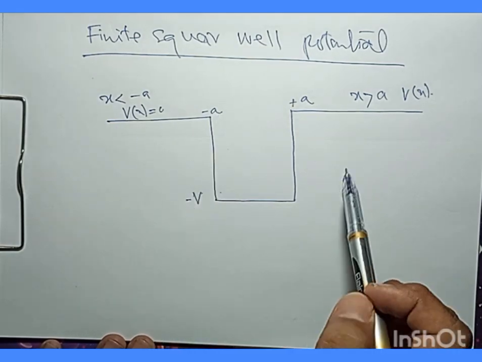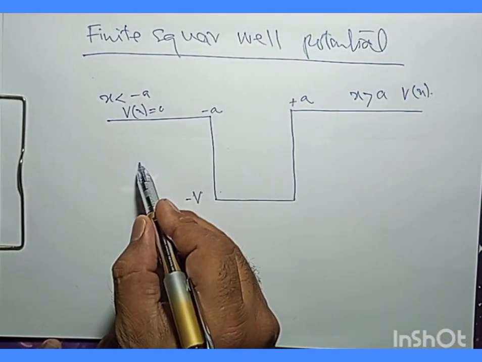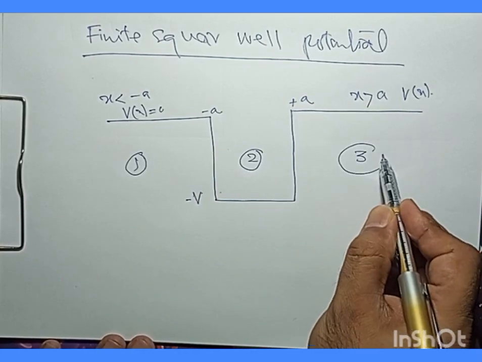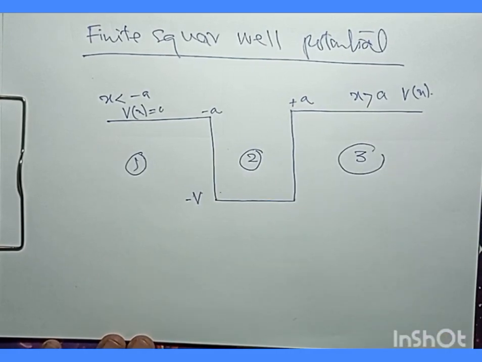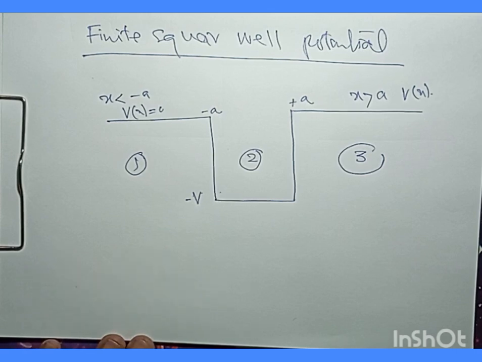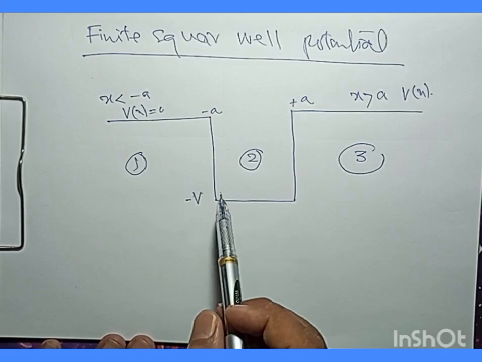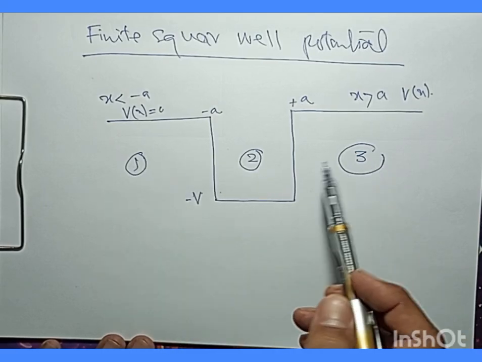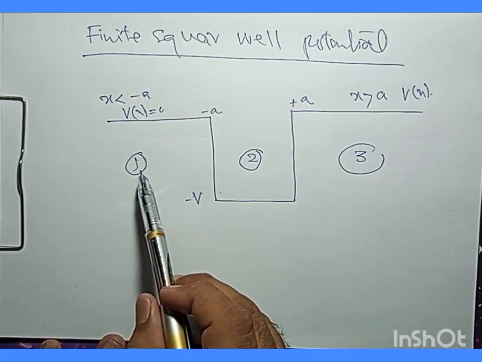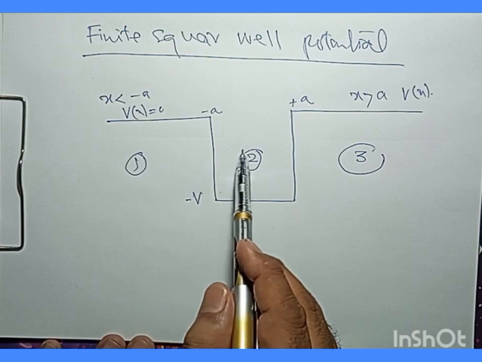To deal with this kind of problem, we certainly have three regions: region 1, region 2, and region 3. We would like to write down the general solutions of Schrodinger's equation for these three regions, and then apply the boundary conditions, because it's important for the eigenfunction to be continuous.